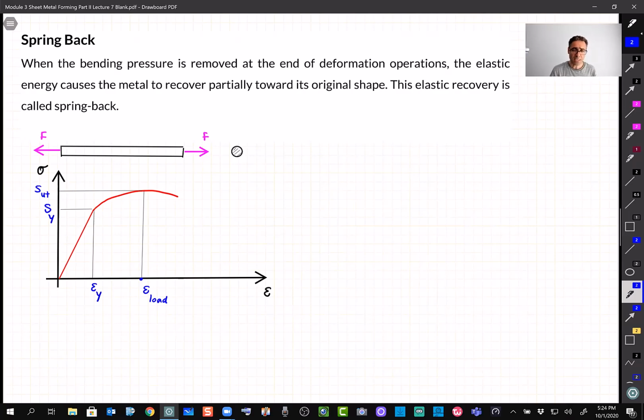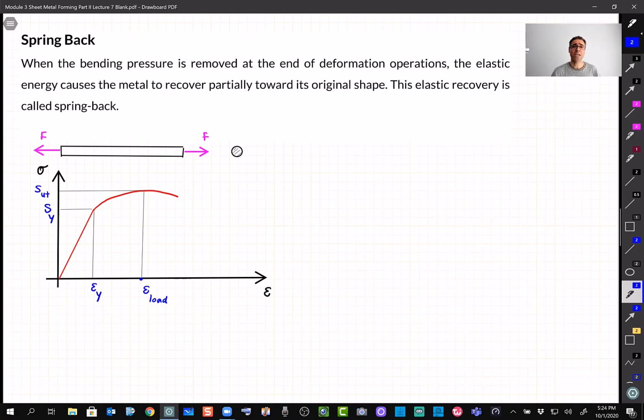If I release the load, do I get this epsilon load that I wanted? That's my question. Previously, when we got to epsilon y and released the load, it returned back to 0, so I don't get any permanent deformation. At this epsilon load, if I release the load, what will happen?